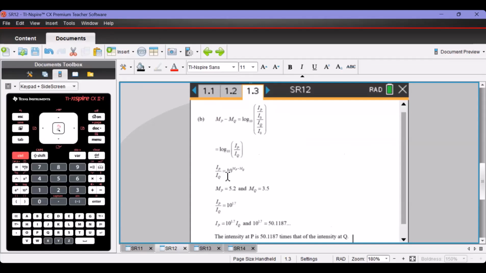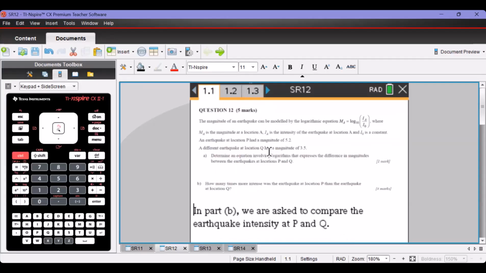Now, if we go back to the question, the earthquake at P had a magnitude of 5.2, which means that MP is equal to 5.2, and correspondingly MQ is equal to 3.5.